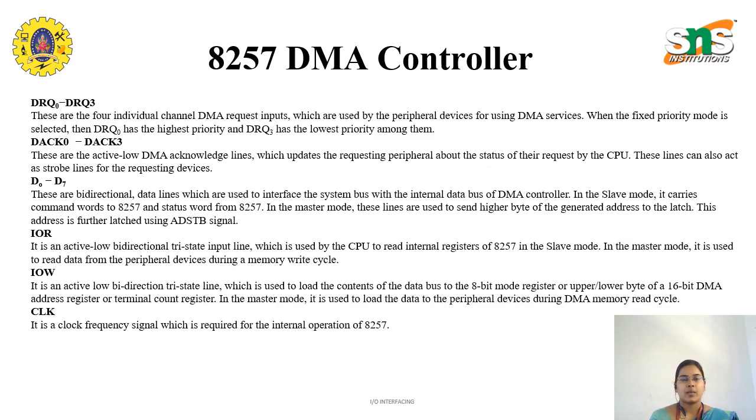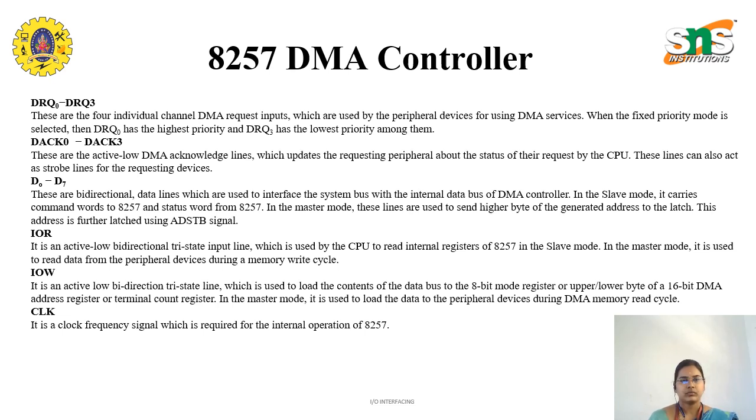Here we will discuss the pins found in the architecture. First of all, we have DRQ0 to DRQ3. These are the 4 individual channel DMA request inputs, which are used by the peripheral devices for requesting DMA services. When the fixed priority mode is selected, DRQ0 has the highest priority and DRQ3 has the lowest priority among them.